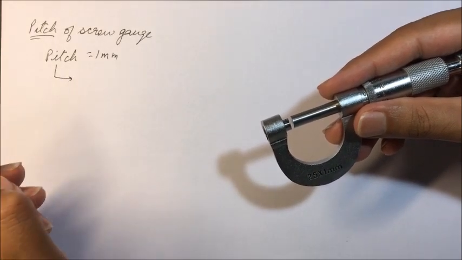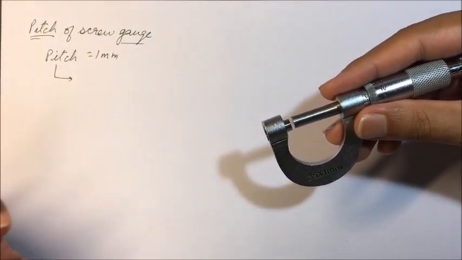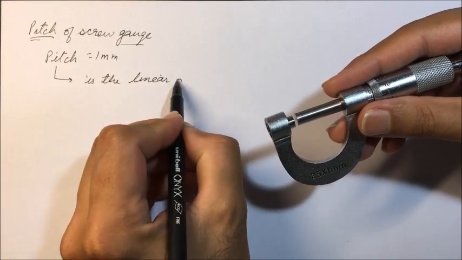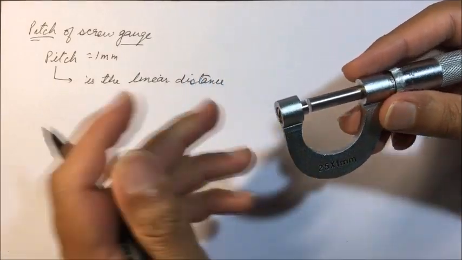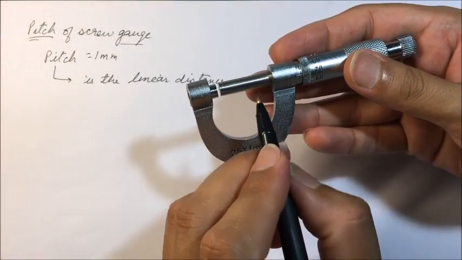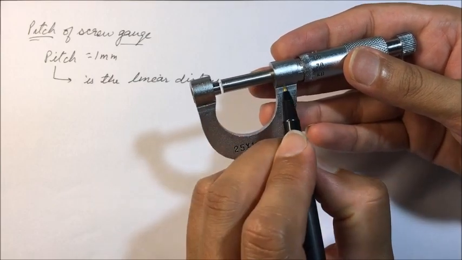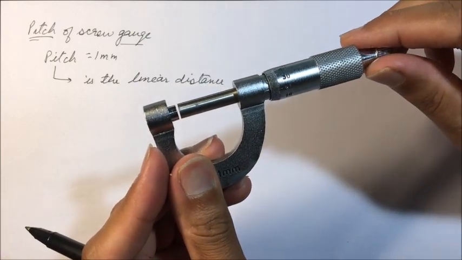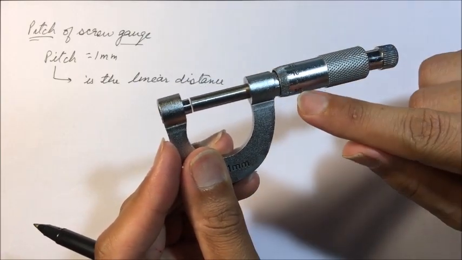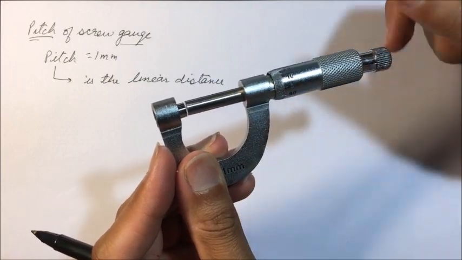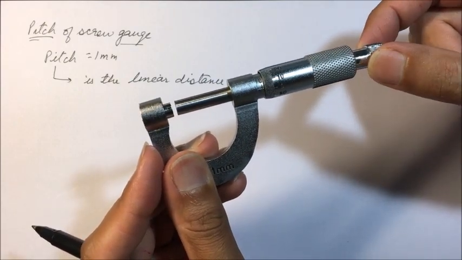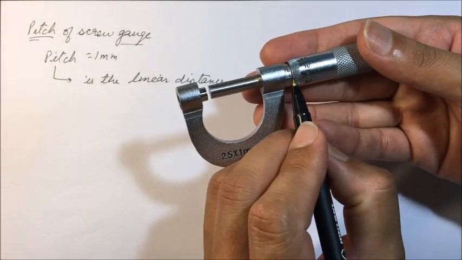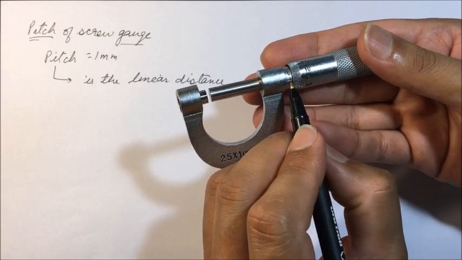So how to define the pitch of the screw gauge? It is the linear distance the screw has moved in one rotation, either forward or backward, in this direction or this direction. When I give one rotation to the screw, initially the 0 mark of the circular scale is coinciding with the baseline. Now I am rotating it by 100 divisions, that is one complete rotation. How much distance it has moved, we can note down from the main scale, and here it is 1 mm.